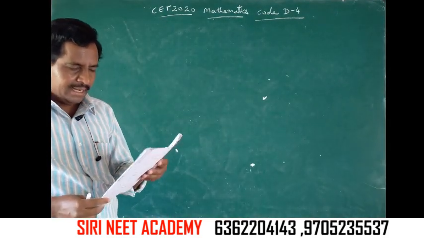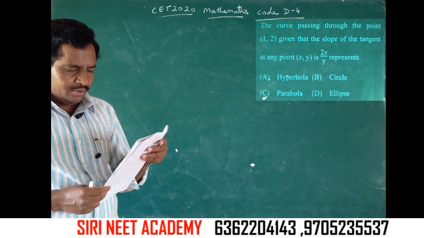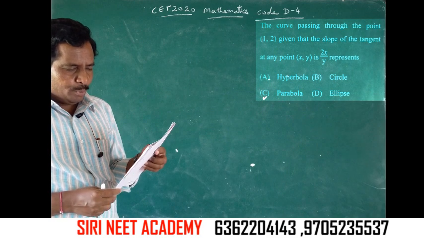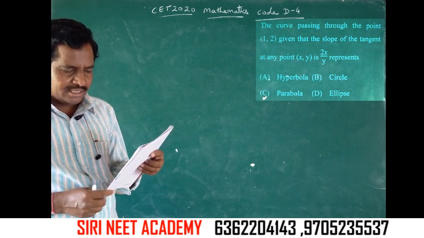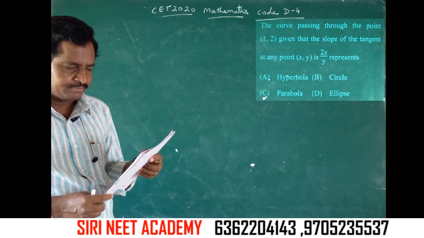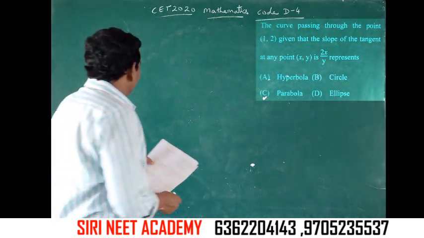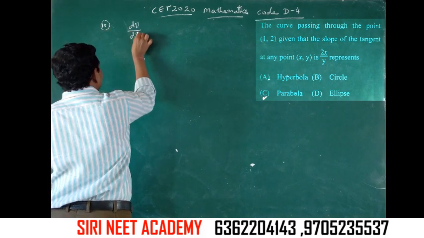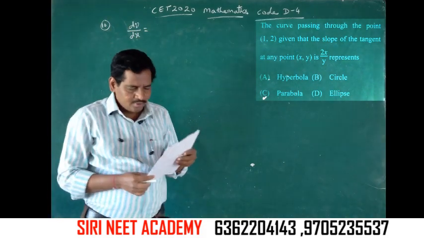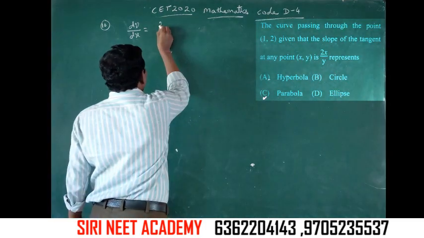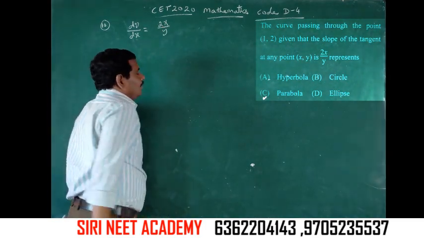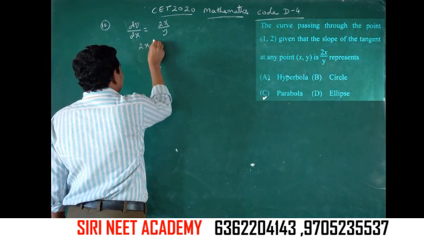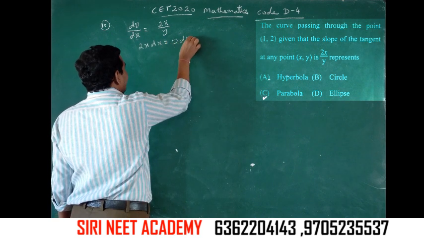Question number 10. The curve passing through the point 1 comma 2, given that the slope of tangent at any point x comma y is 2x by y, represents what? Slope of tangent dy by dx is equal to 2x by y. Separating the variables, 2x dx is equal to y dy.